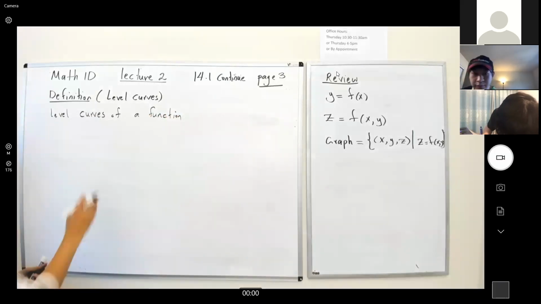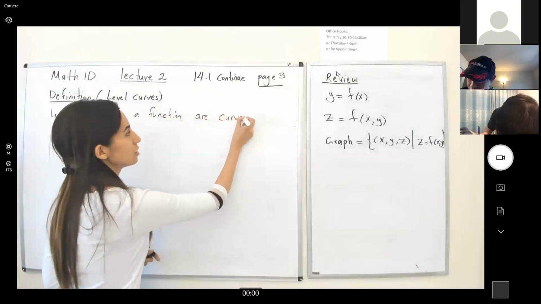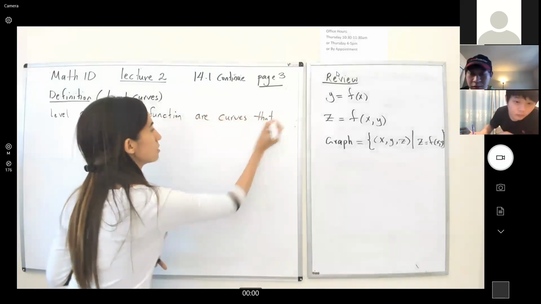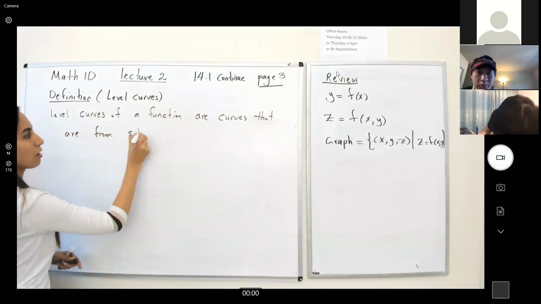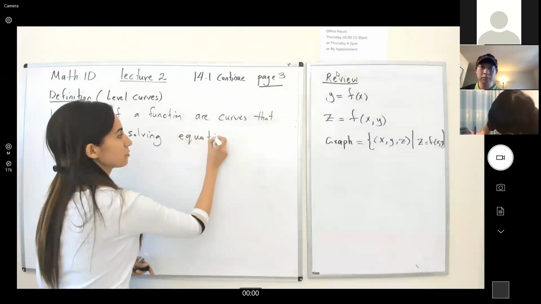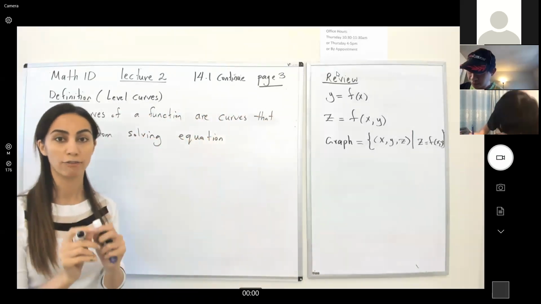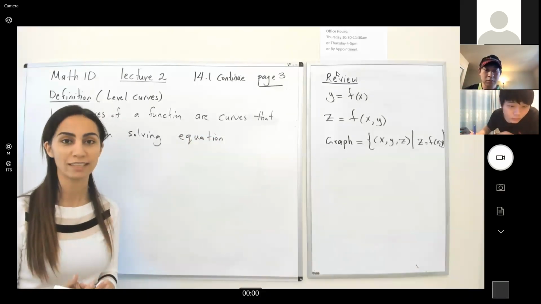So level curves of a function are curves that come from solving an equation. To find level curves, you need to set an equation. What is that equation?